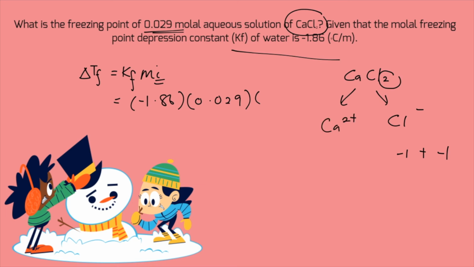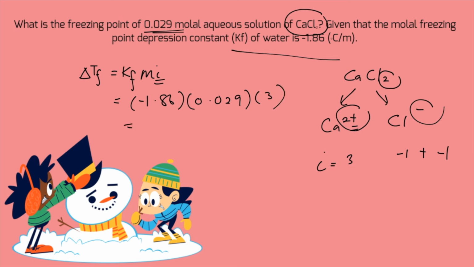Because in order for you to balance this Cl, because you have 2 of Cl here, you need the 2 plus instead of 1 plus. So from here you know that Ca is Ca2 plus and Cl is negative, so 2 plus 1, doesn't matter the charge, so your i is equivalent to 3.